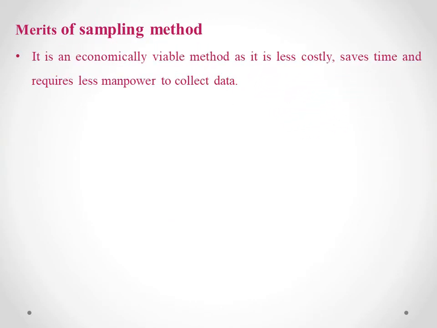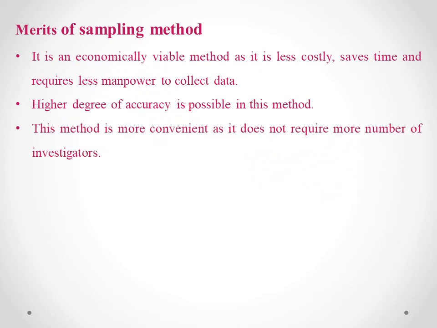The merits of this sampling method: it is an economically viable method because it is less costly, saves time, and requires less manpower to collect the data. There is no need to collect information from all the members or items in a population. A higher degree of accuracy is possible in this method.